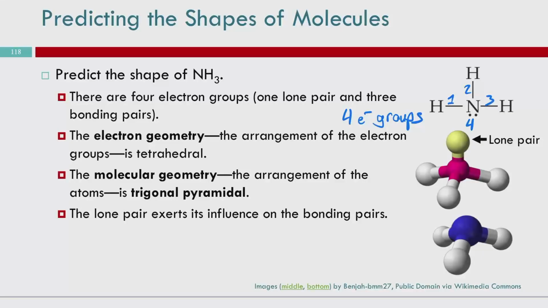And so this is still trigonal, but instead of being planar, it's pyramidal. So the arrangement of the atoms is the molecular geometry. This is what we would actually be able to look at, what we would be able to see. And so it's a pyramid shape, not flat.